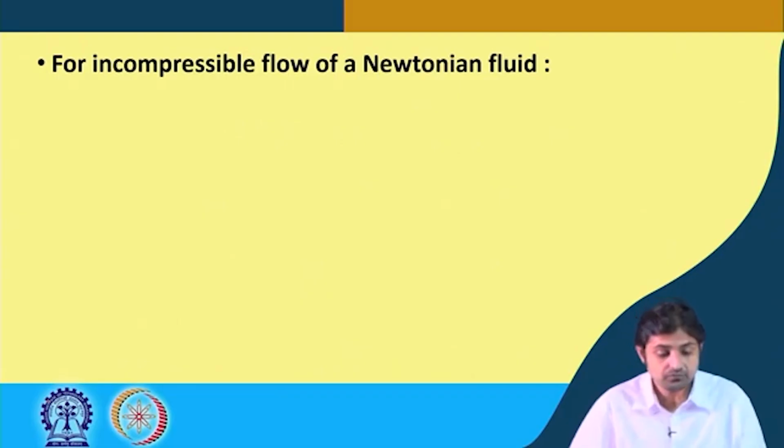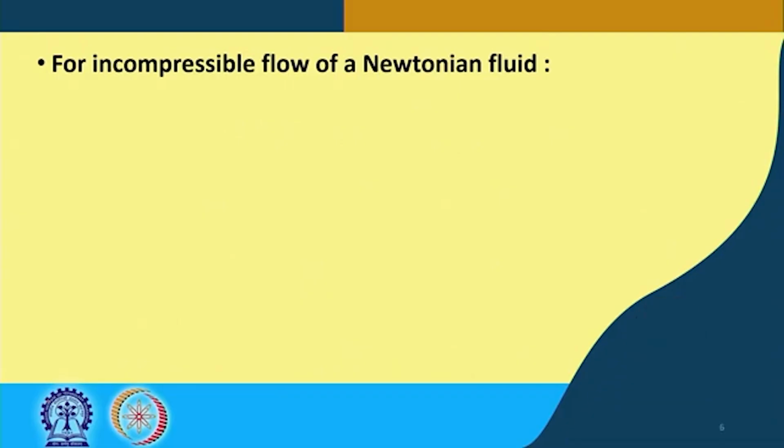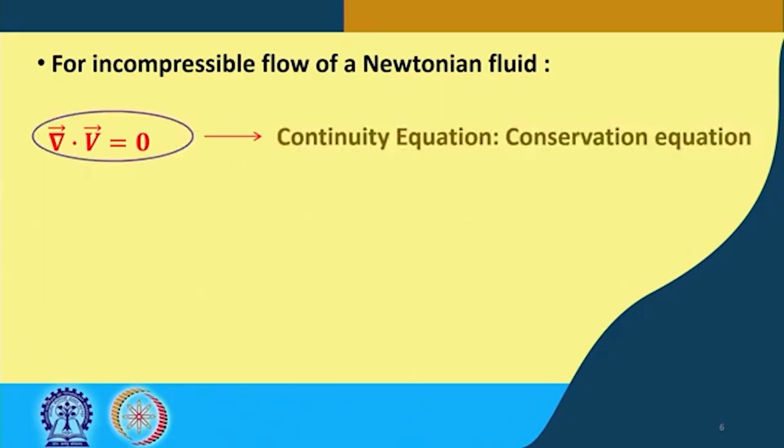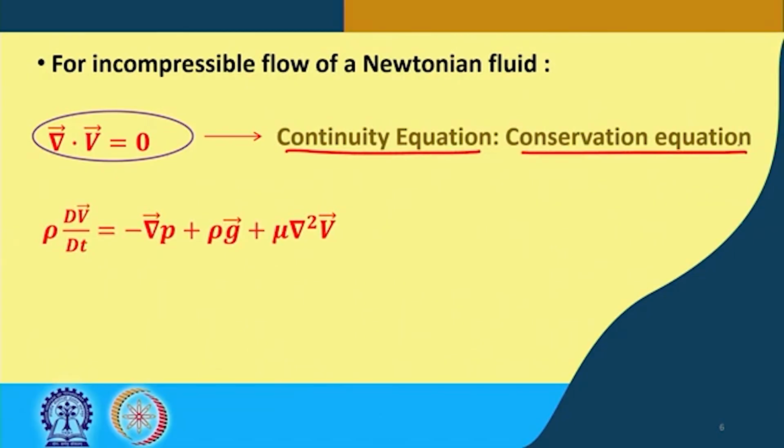All right. So for an incompressible flow of a Newtonian fluid, this is the continuity equation. Del dot V is equal to 0, and this is the continuity equation or the conservation equation, all right. The second equation, if you can remember, what is this?